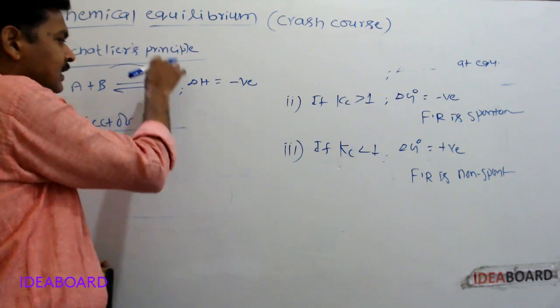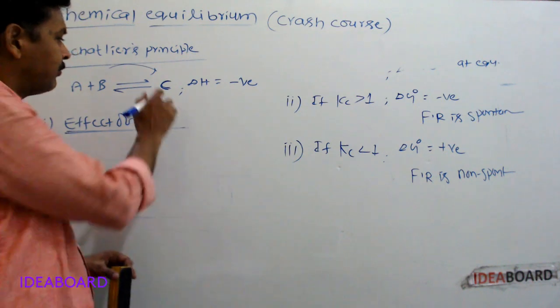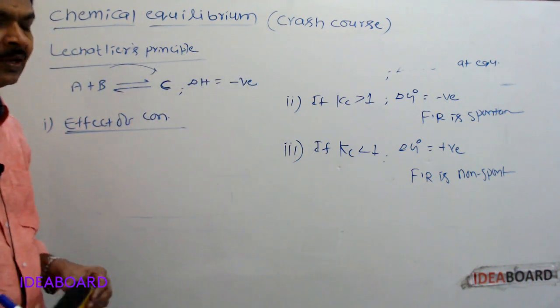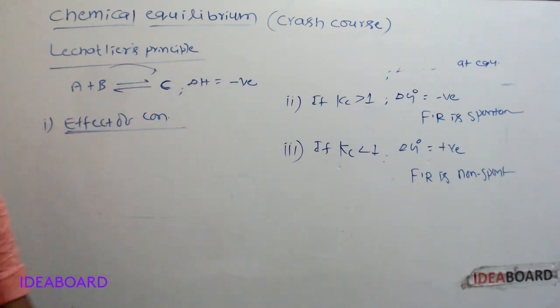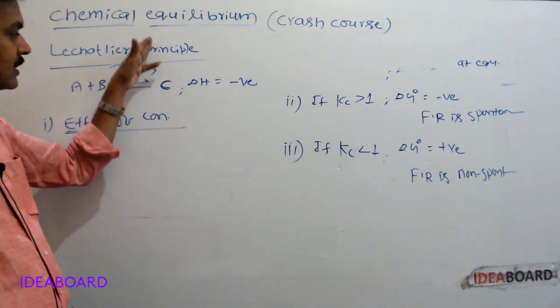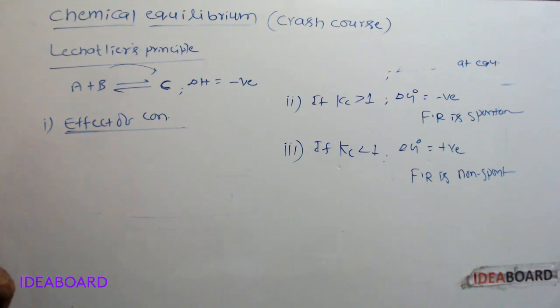If we add C, the rate of backward reaction increases. If we remove C, the concentration of product decreases and the rate of forward reaction increases. That is the effect of concentration.